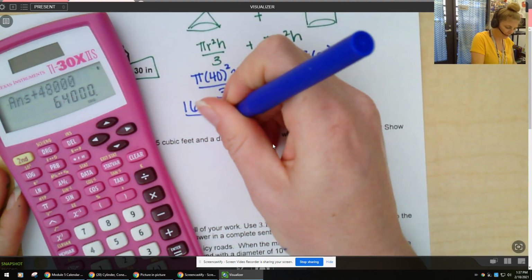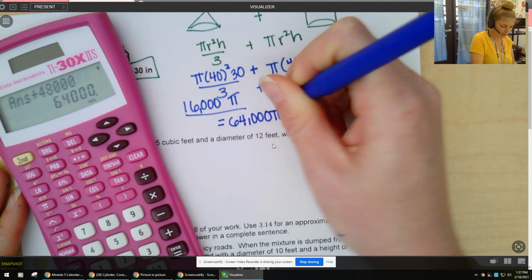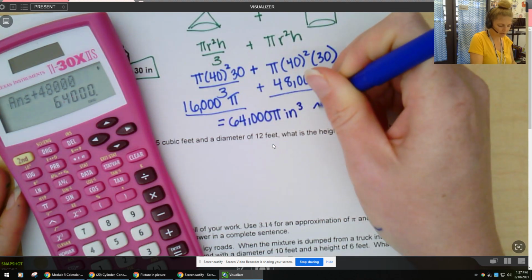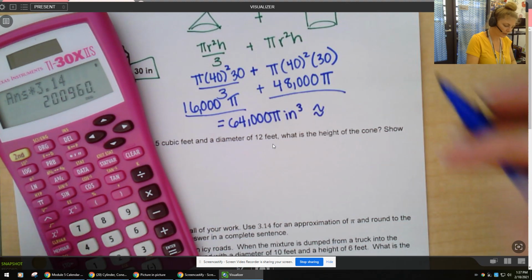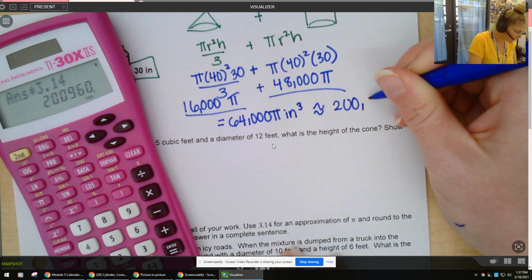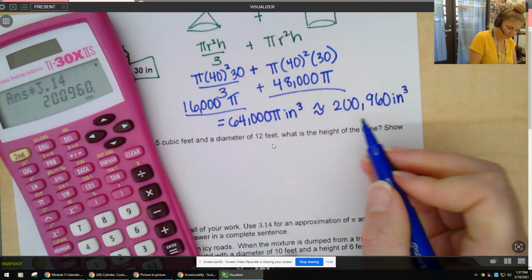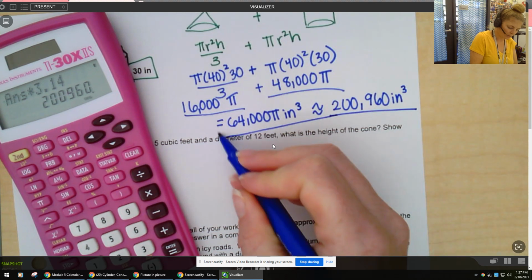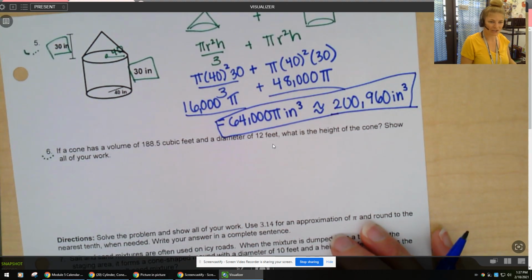So this is exactly equal to 64,000 pi inches cubed, which is approximately, when we multiply that by 3.14, 200,960 inches cubed. So those are our two answers for this compound shape.